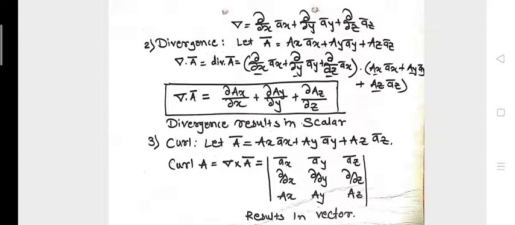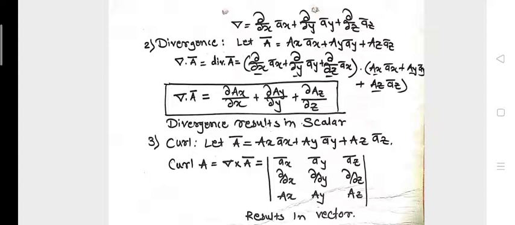So del dot a bar, that is divergence dot a bar, is equal to dou by dou x a bar x plus dou by dou y a bar y plus dou by dou z a bar z dot the vector a bar, that is ax a bar x plus ay a bar y plus az a bar z.